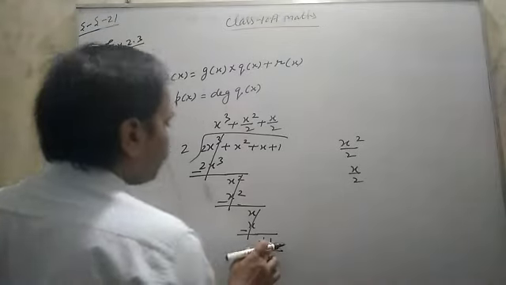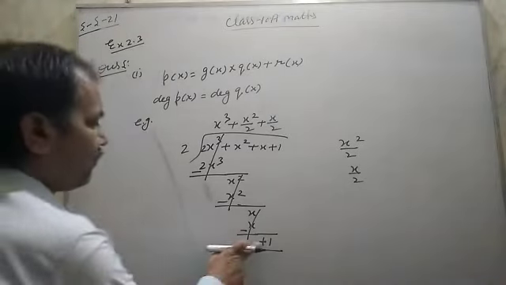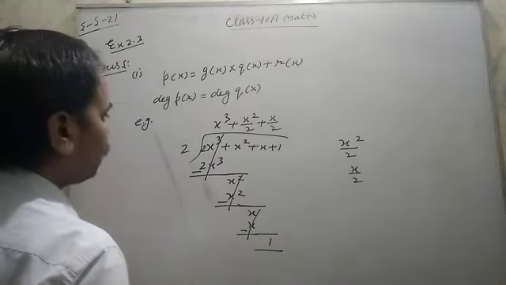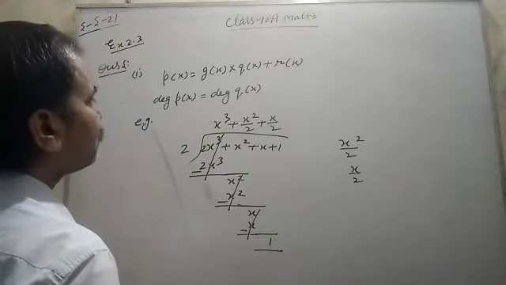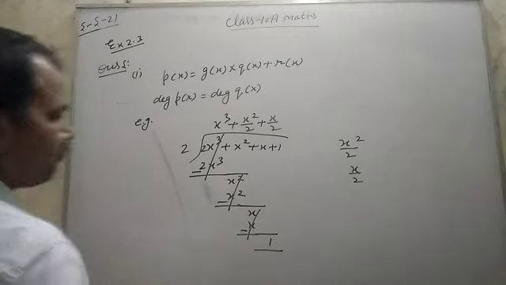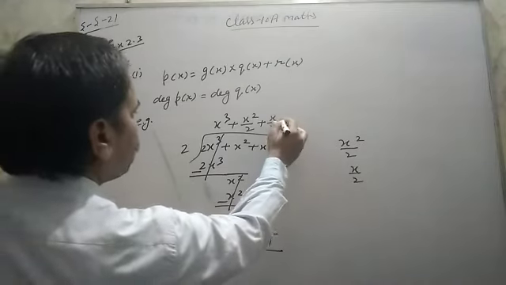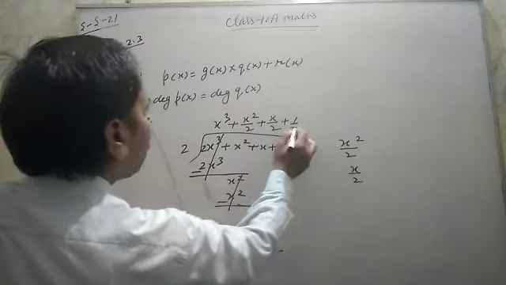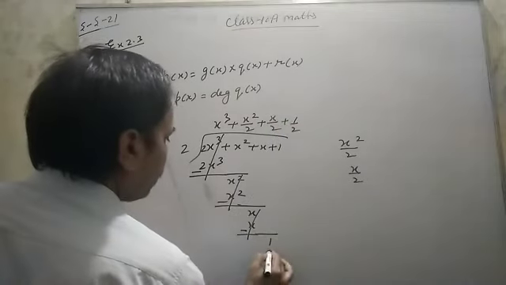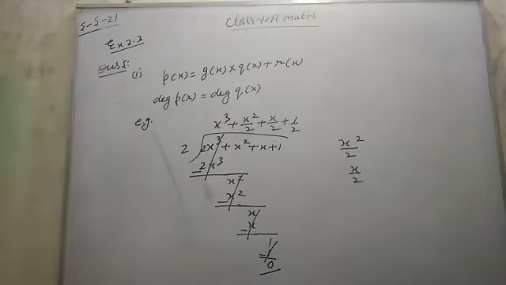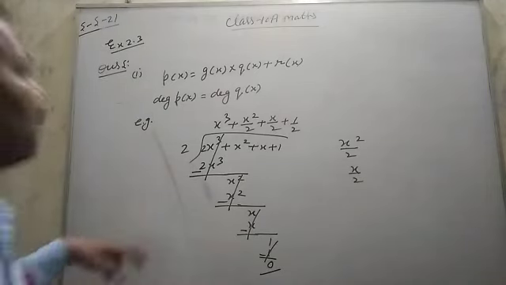So the remainder is this one, which we can also write as 1 by 2. And also you can check your answer.